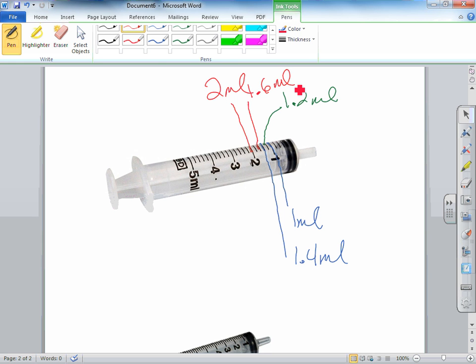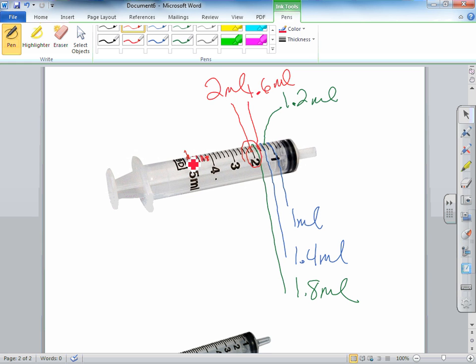The next line from that 1.6 is 1.8 milliliters. And then, of course, my next line is 2 milliliters. So the increments in between these whole numbers on a 5 milliliter syringe are 0.2. So that's 0.2, 0.4, 0.6, 0.8, and the 10th is the next whole number.